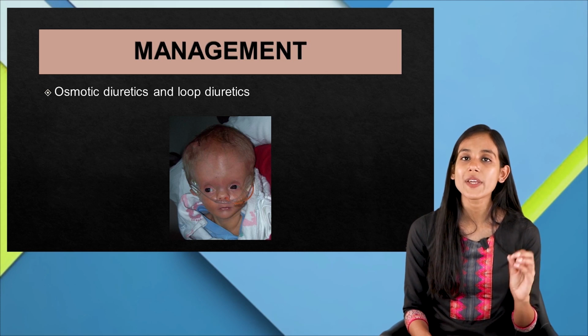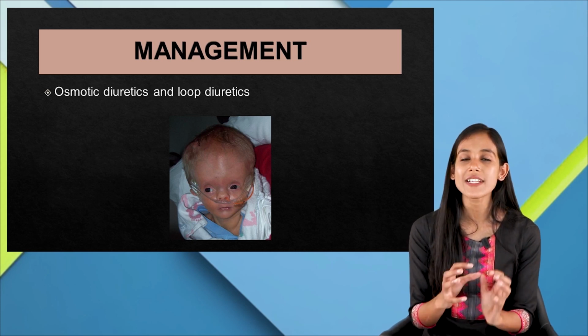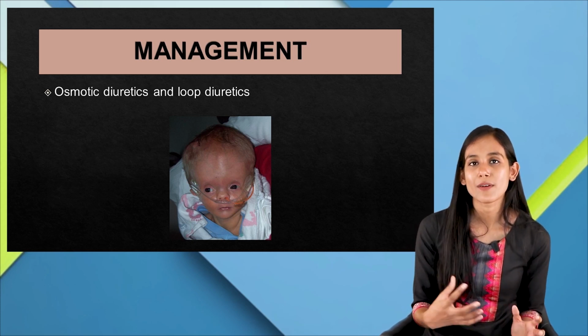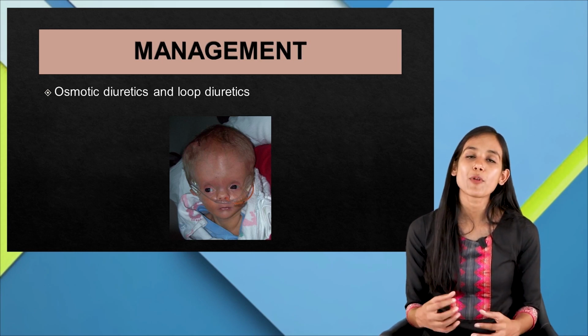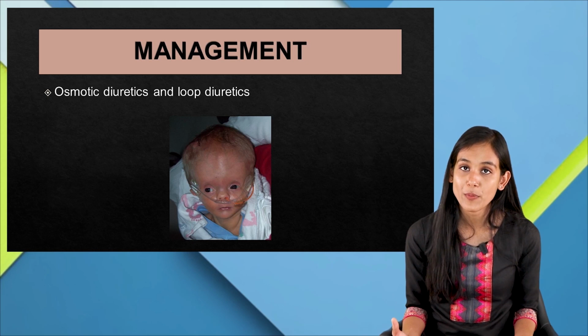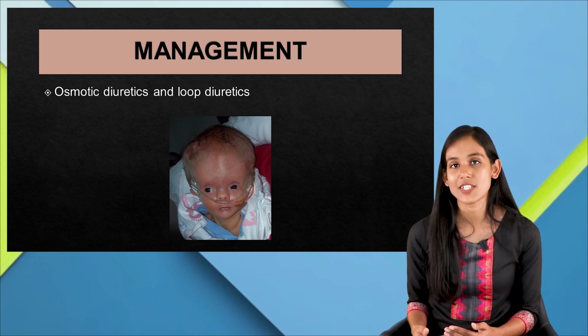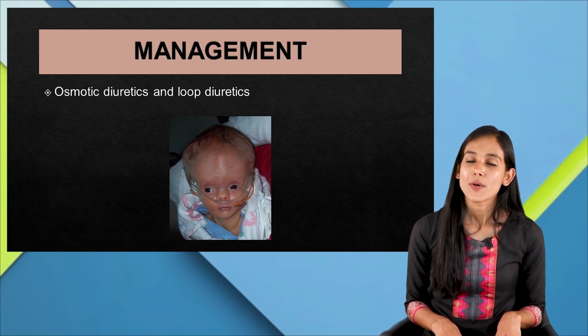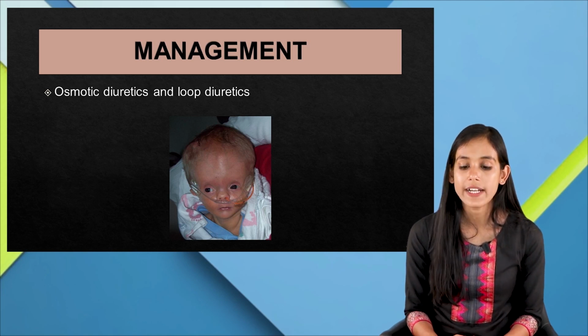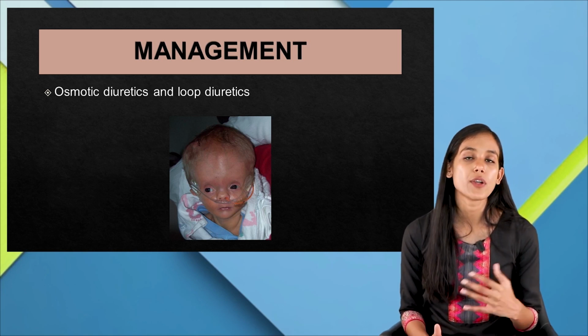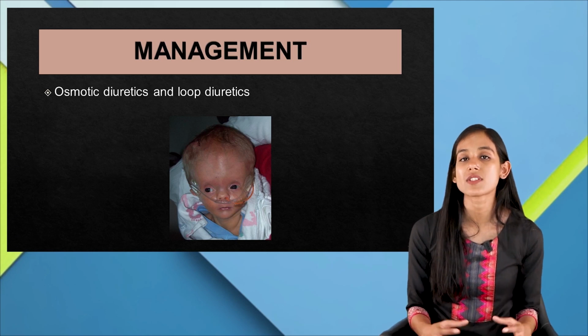So in that case, we can reduce the production. If there is reduced production of CSF, then even if there is a problem with the reabsorption, we can manage that, right? So here we provide diuretics to the child, like osmotic diuretics or loop diuretics, and with that we reduce the CSF production. This is a temporary management, and for a definitive solution we actually have to do surgical management.